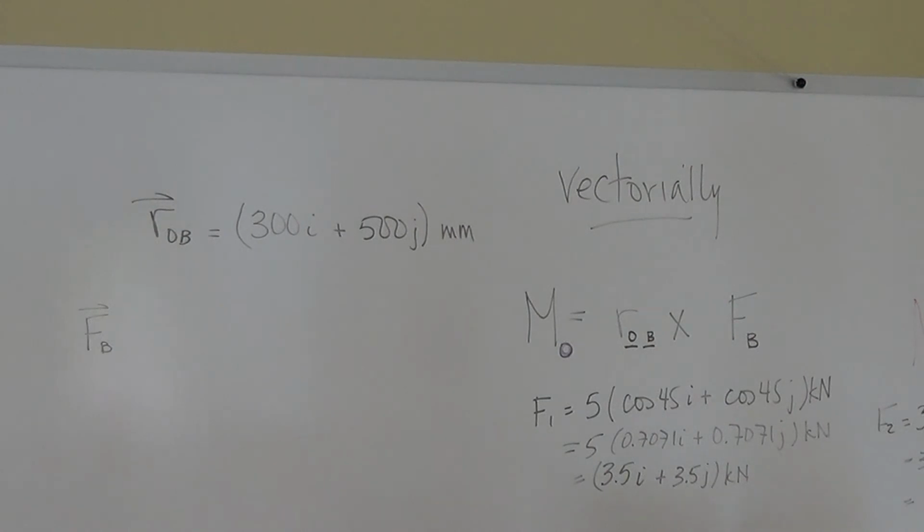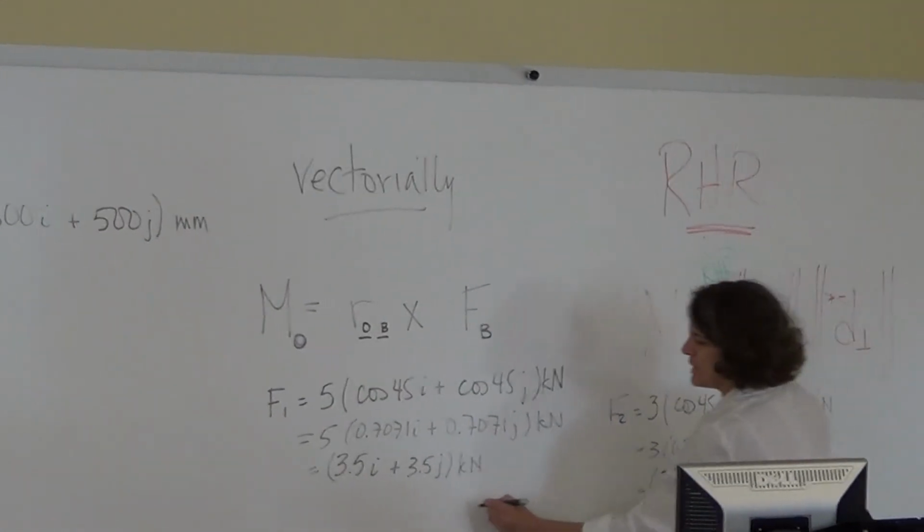Am I doing it right? 45 would be theta x, and theta y would be 135. So what does this come out to be? 2.1 i minus 2.1 j kilonewtons. And then I could do both checks, right?